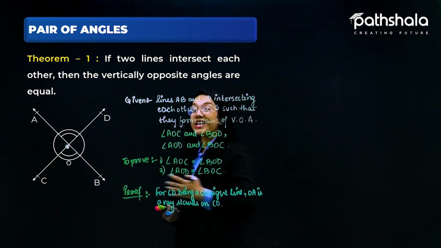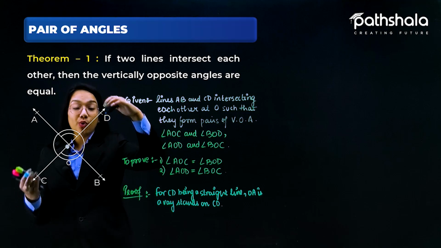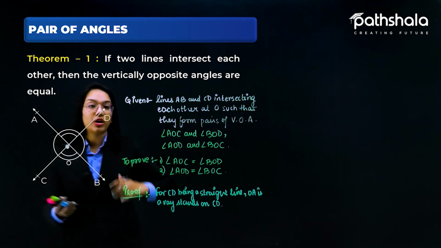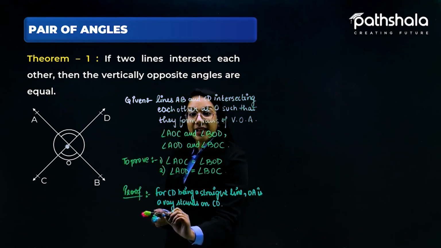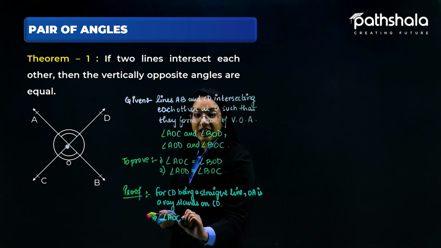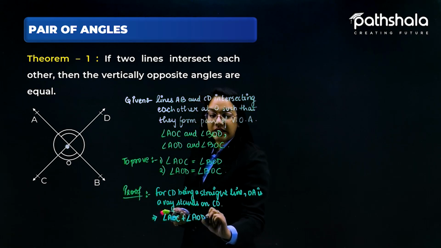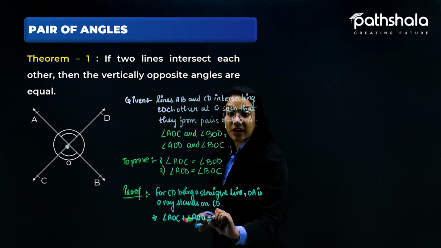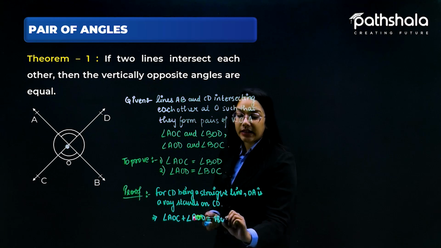If OA is a ray which stands on CD, then by the linear pair axiom, angle AOC plus angle AOD is equal to 180 degrees.